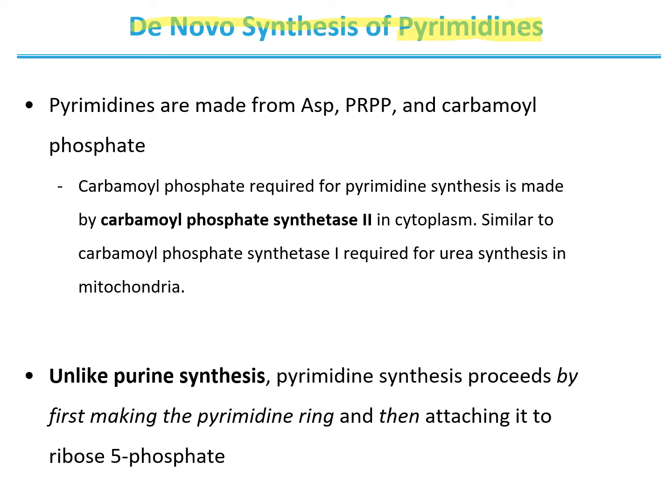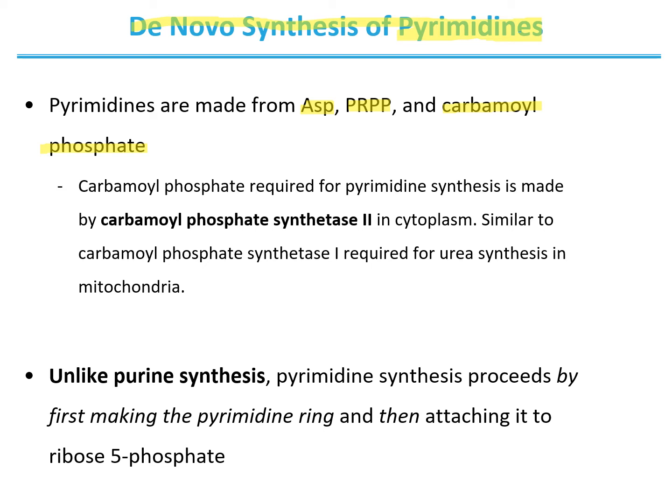So for synthesizing these pyrimidines, we need three main raw materials: aspartate amino acid, PRPP, which we just saw is, you can say, the activated ribose, or is the product of the ribose 5-phosphate sugar. And the third thing we need is carbamoyl phosphate, which is another molecule.